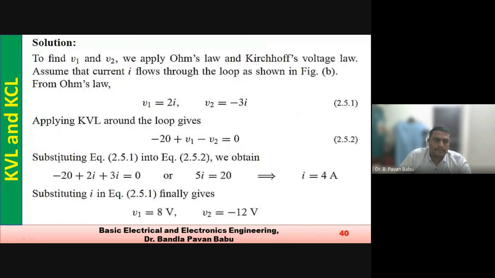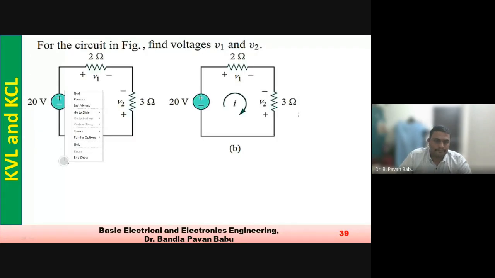So it is 20 minus V1, sorry, it is plus, since it is at a potential rise, minus to plus V2 equal to 0. So I can write it as minus V1 plus V2 plus 20 equal to 0.